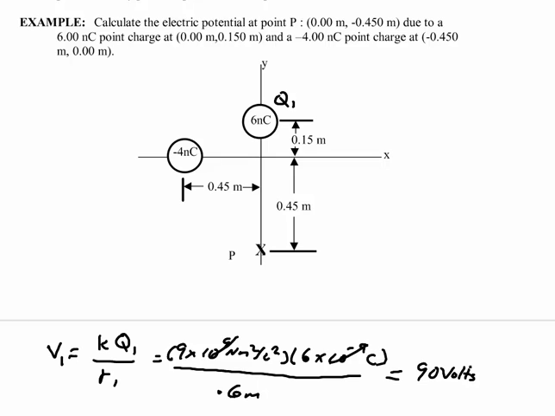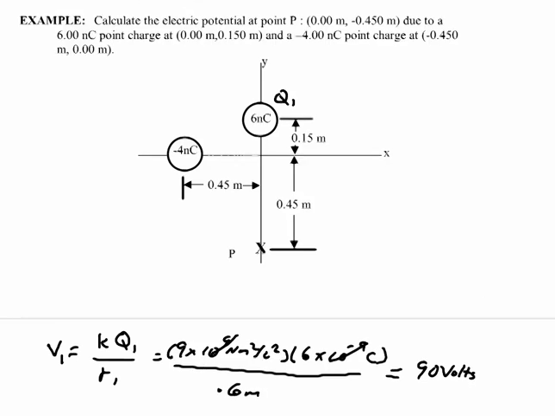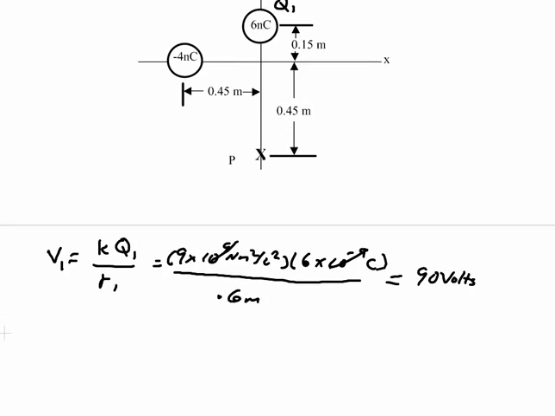Then I need to do the second charge. I do it exactly the same way. I find V2 is KQ2 over R2.